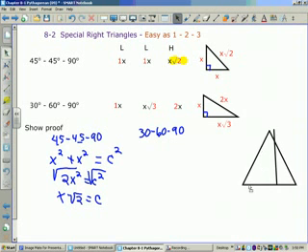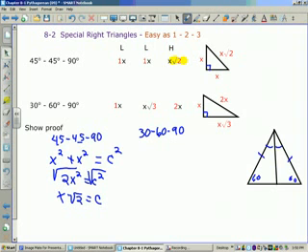Means this angle and this angle are congruent. And since this is equilateral, we know all the angles are 60 degrees. We know the sides are all congruent. And a line that bisects the angle of an isosceles or equilateral triangle also bisects the opposite side. So for starters, since it's bisecting the angle, the measure of each of these angles is 30 degrees.